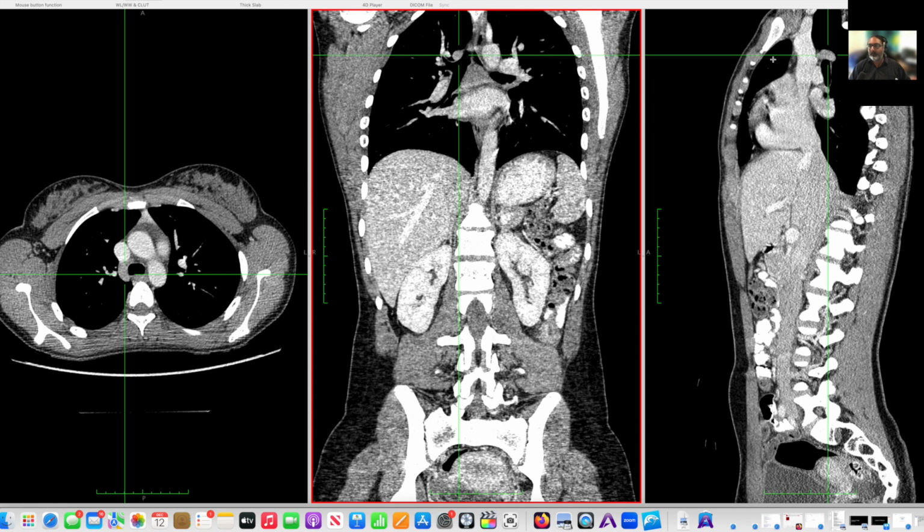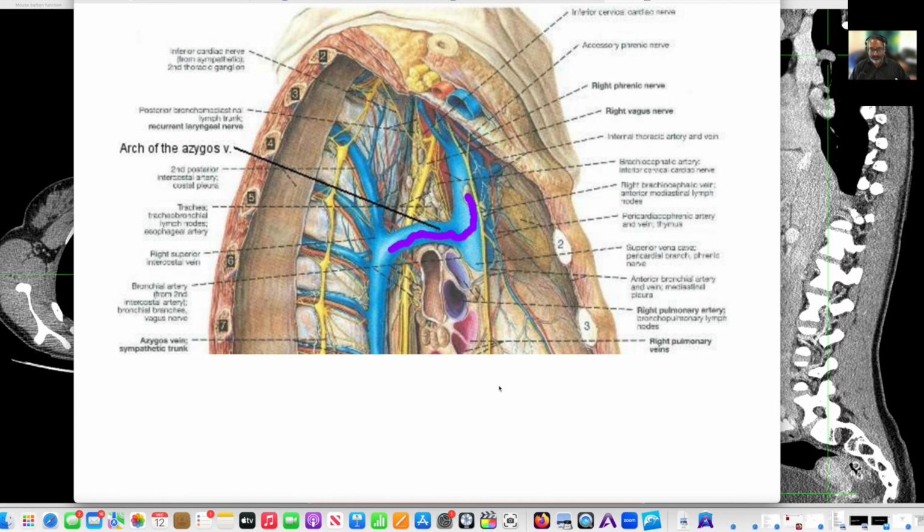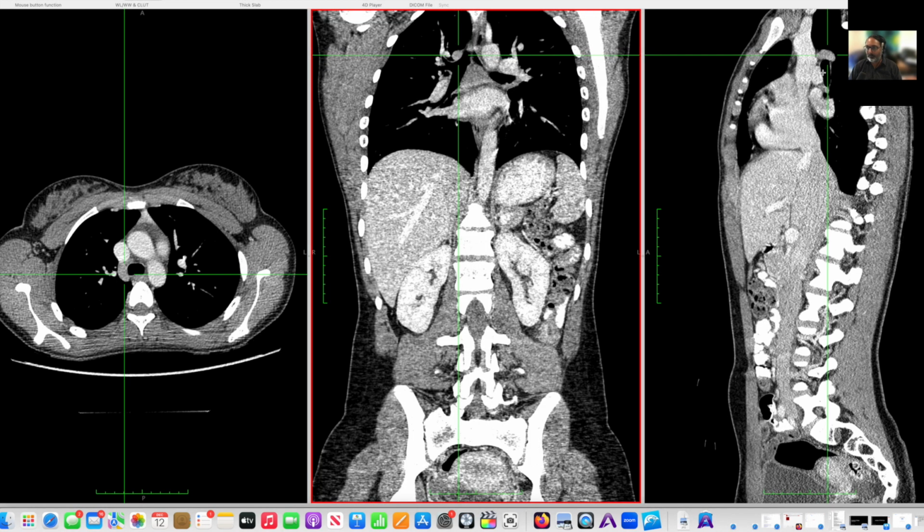So if you look at this diagram, this is essentially a coronal view. It's almost similar to what you're seeing here, except that this is a dissection and we're looking at it from the front. But this is exactly what you're showing here, that the azygos is coming across and under it is the right bronchus and pulmonary artery. Here you can see the bronchus right there, and that's the azygos vein, and the pulmonary artery is just under it.